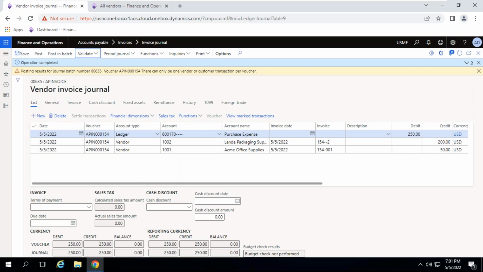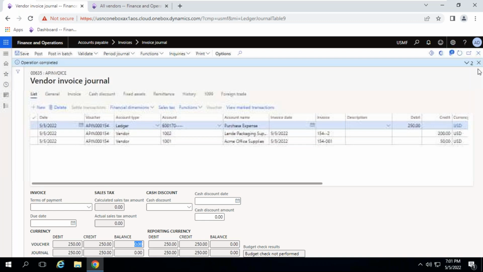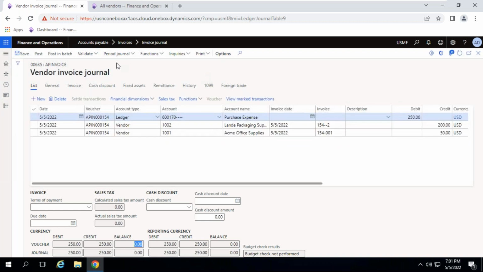Satya, a question over here. What is the difference between validate and simulate posting? Validate means it will validate accounting structure related setups, but it will not completely verify the entire process. Simulate posting means, other than that, whether there are some more issues or not will be validated.